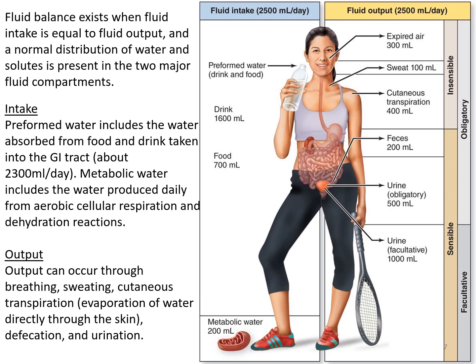We lose some, not a ton, but we lose some when we breathe. Sweat, cutaneous transpiration, which is evaporation of water directly through the skin, and then defecation, urination. So you can see that on the chart. Here's all the ways we're taking it in, and here are the various ways that we can put it out.